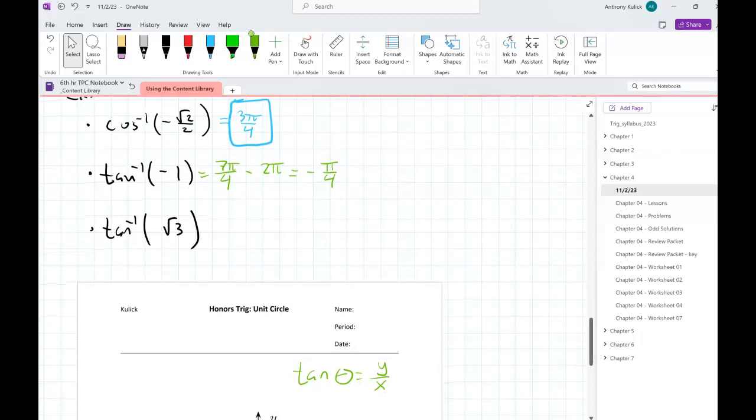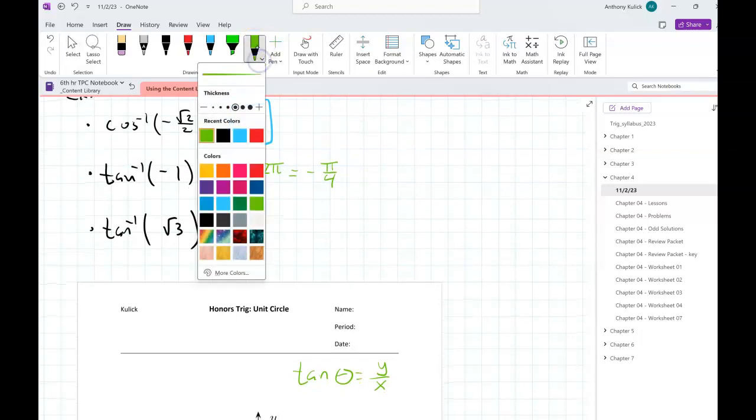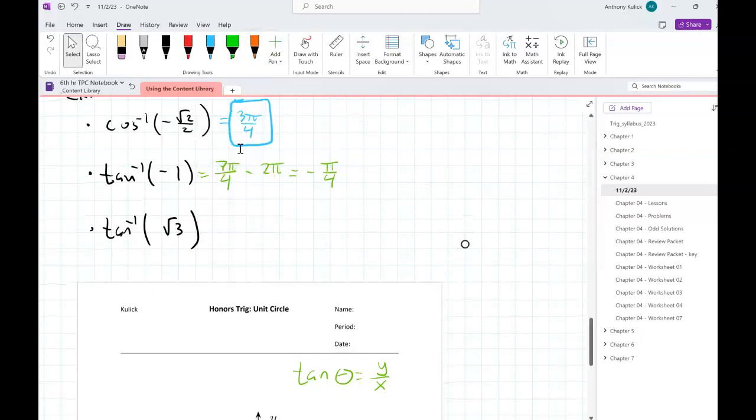All right. And then, give me a different color here. Ooh, square root 3. Well, remember y over x has to be the square root of 3, right? Is everybody okay with that? Well, I don't have a place where I have 1 comma square root 3 on the unit circle.